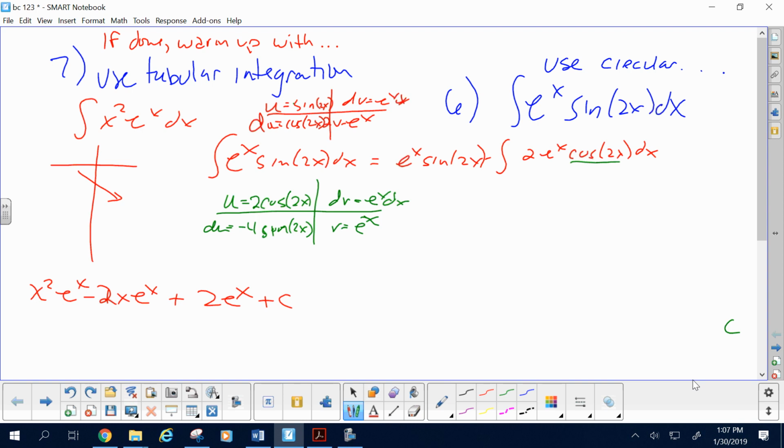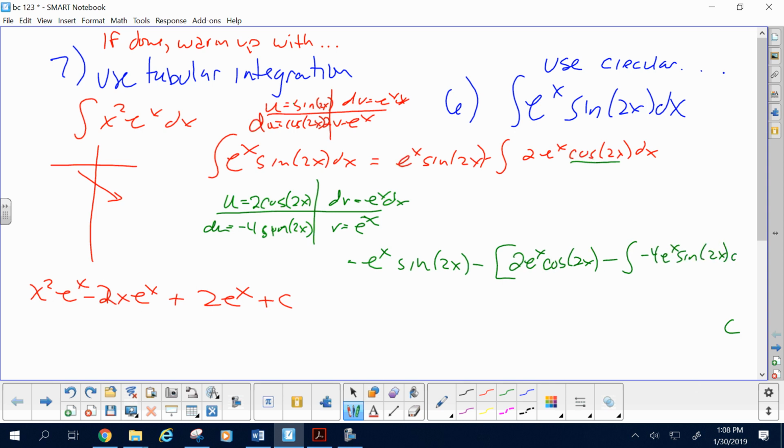So with that, e to the x sine of 2x minus, make sure you distribute the negative. That's a pretty common mistake, at least for regular people, not brilliant people like you. uv is 2 e to the x cosine of 2x minus v du, which is minus negative 4 e to the x sine of 2x.